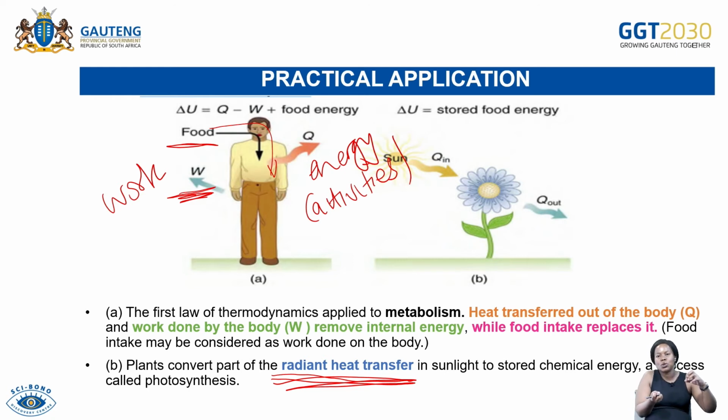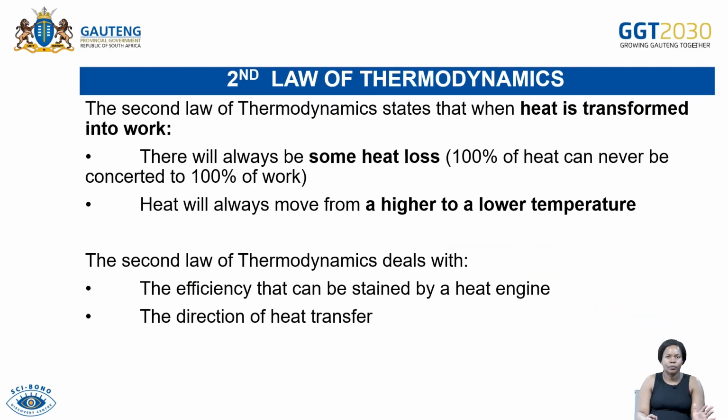The plants then absorb this energy and use it to manufacture their own food through the process that we refer to as photosynthesis. These are the applications of the first law of thermodynamics.